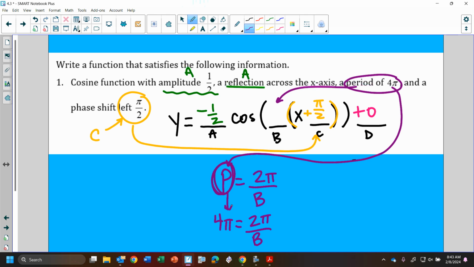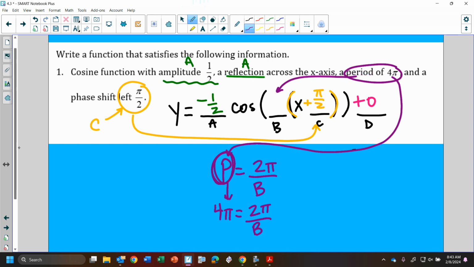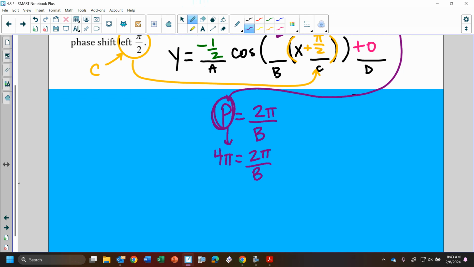Everyone okay? All right. Talk to me about how you would solve this equation, especially because it's got a B in the denominator. It's a little tricky to solve. Any thoughts? You absolutely can cross multiply. Throw that 4 pi over 1 and cross multiply. I'll give you guys a moment to work that out. You're solving for B.